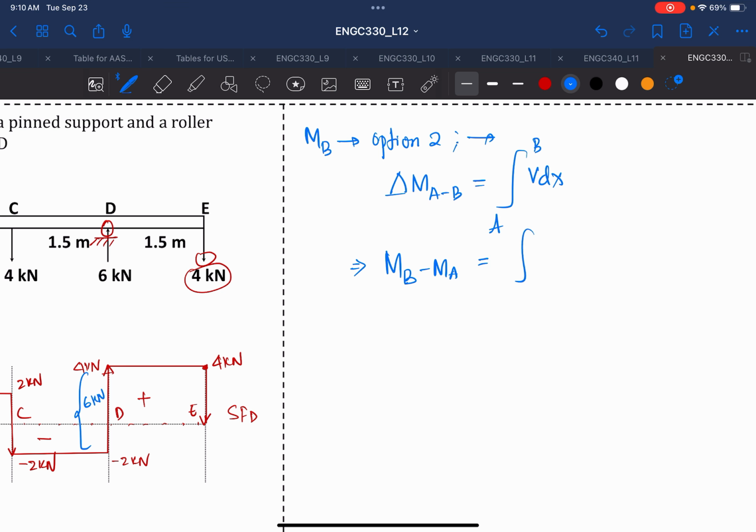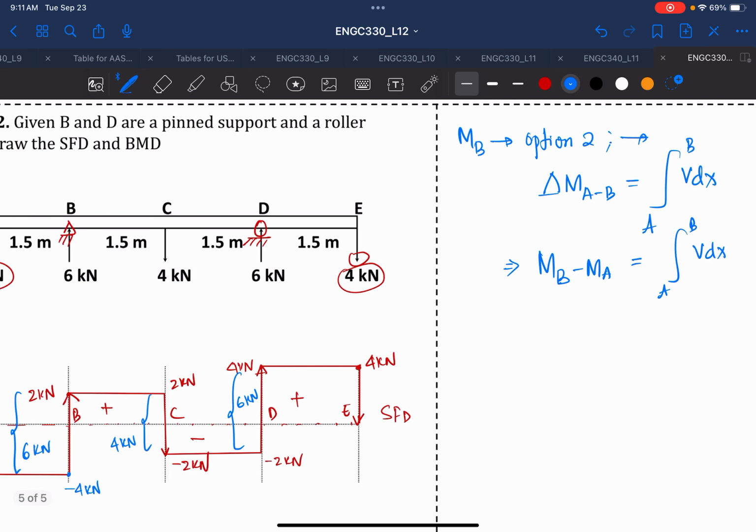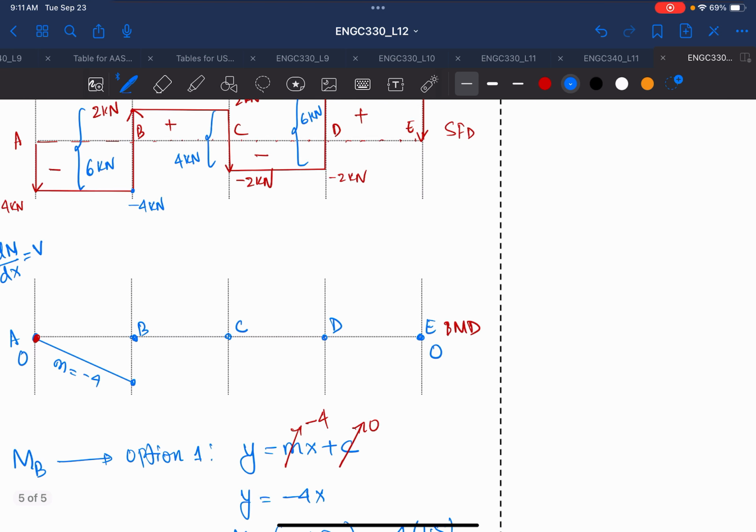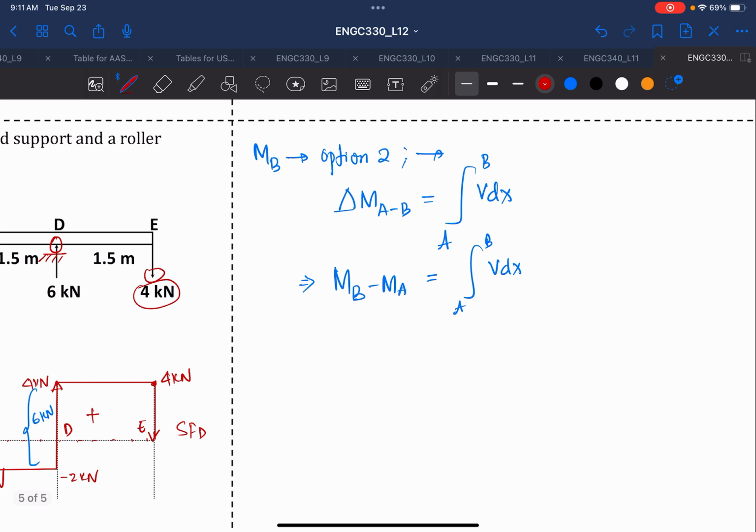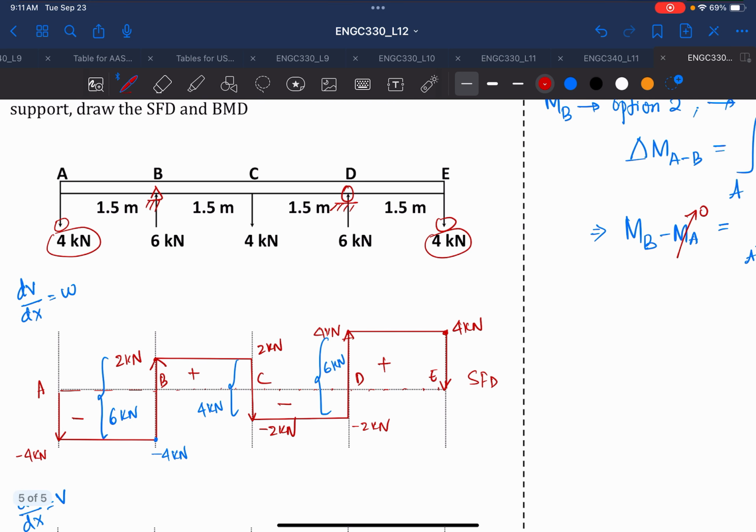We already learned that MA is equal to 0, and the shear force from A to B is a rectangle.